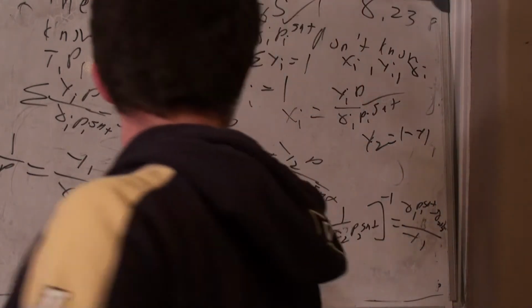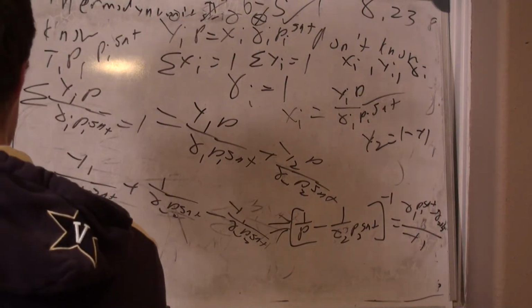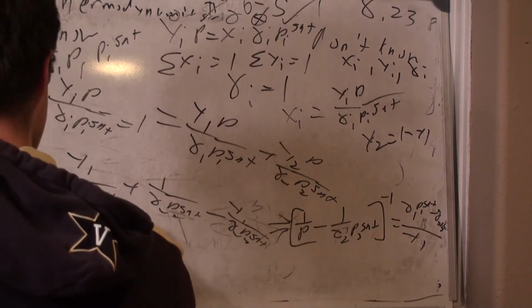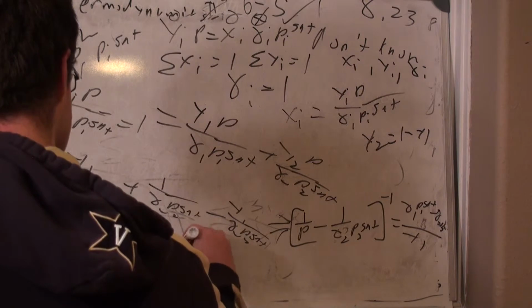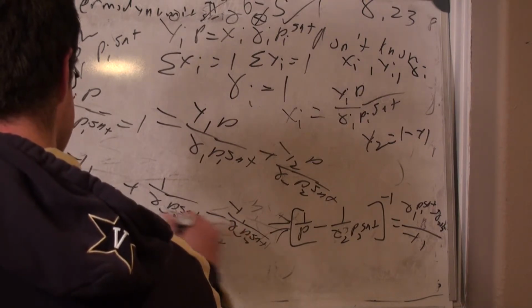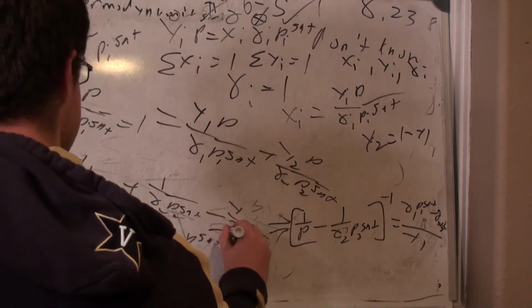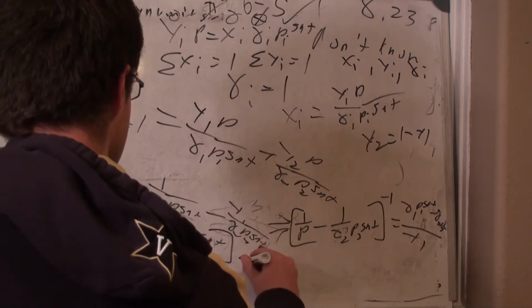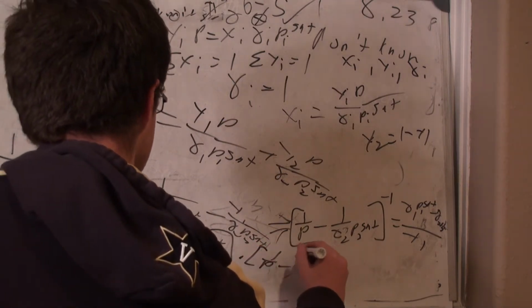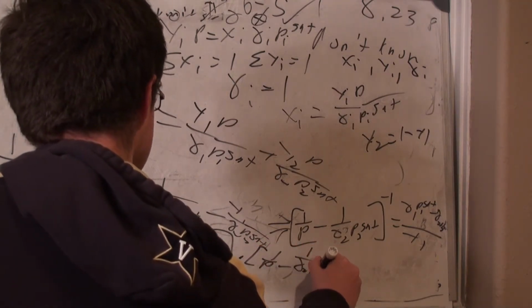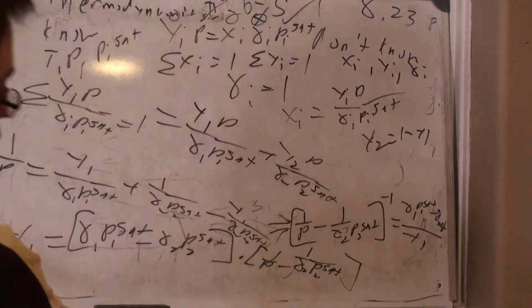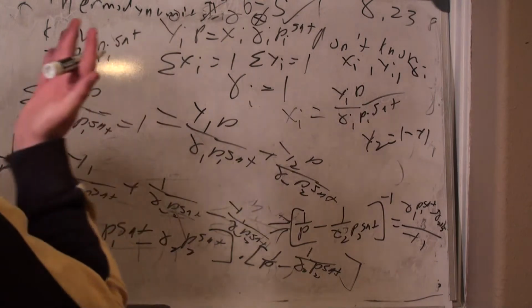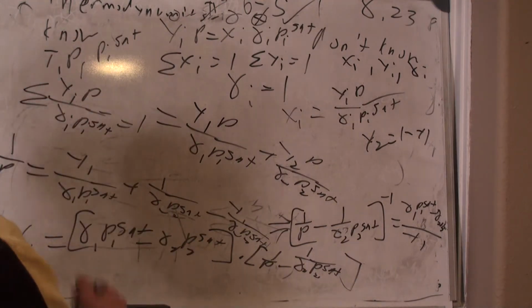And so, moving things across, y1 is equal to gamma 1 P1 sat minus gamma 2 P2 sat times 1 over P minus 1 over gamma 2 P2 sat. Or some variation thereof. Whatever algebra you do, you're going to get something like this.